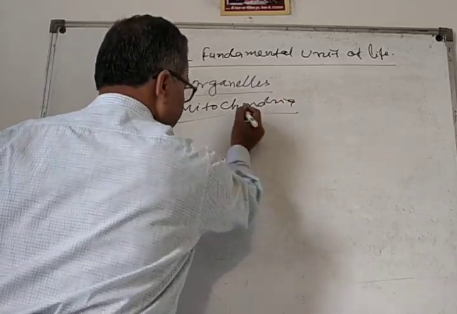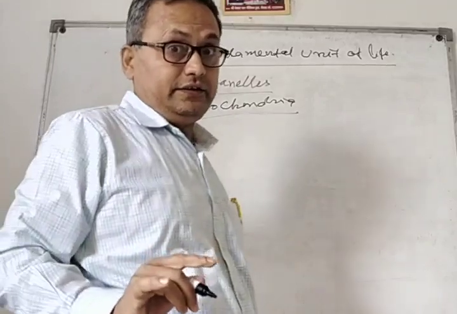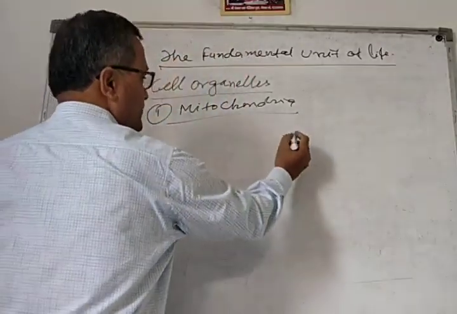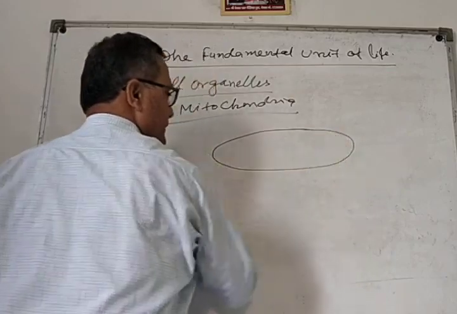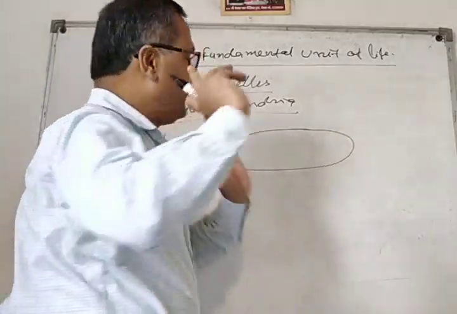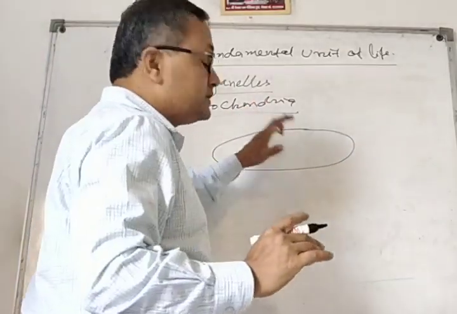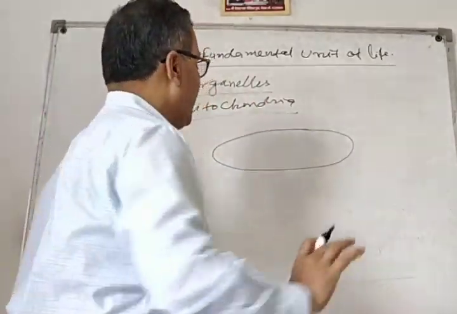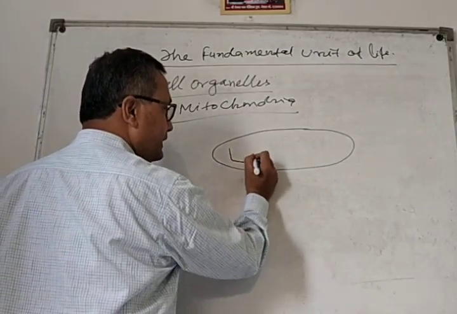Mitochondria is the main organelle. It is rod shaped, having two membranes: the outer membrane that is porous and the inner membrane that is folded.